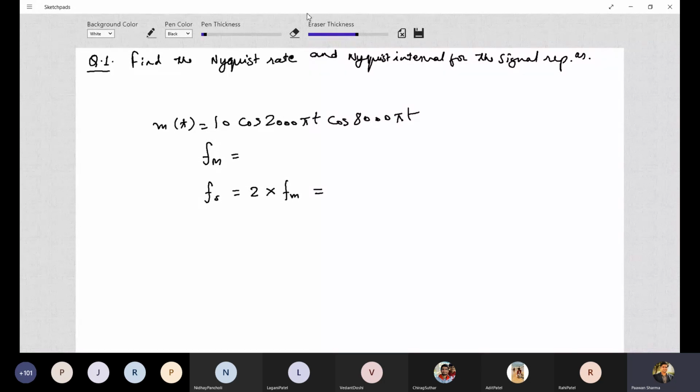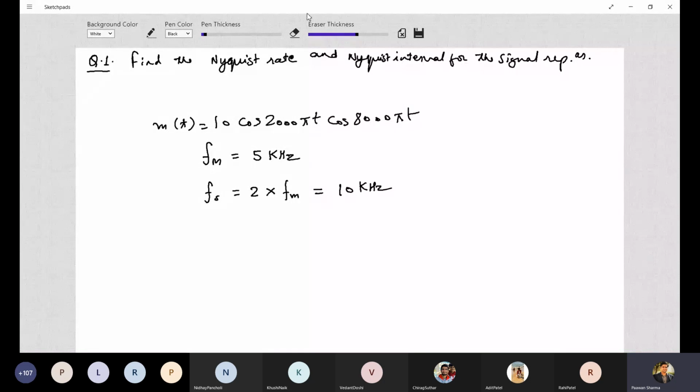How much is this? fm equal to 5000. Very good. So 5 kilohertz will be your fm, so fs will be 10 kilohertz. And just the reverse of this would be your Nyquist interval. Okay, so these are a few simple questions.